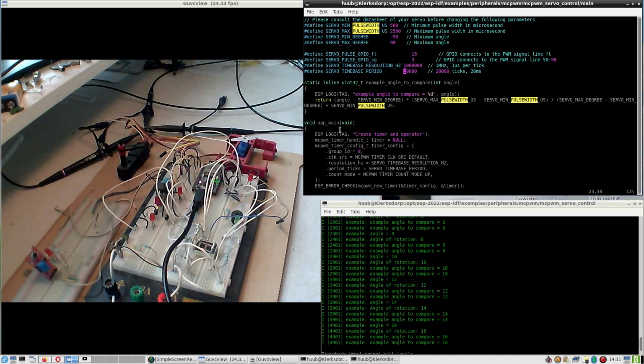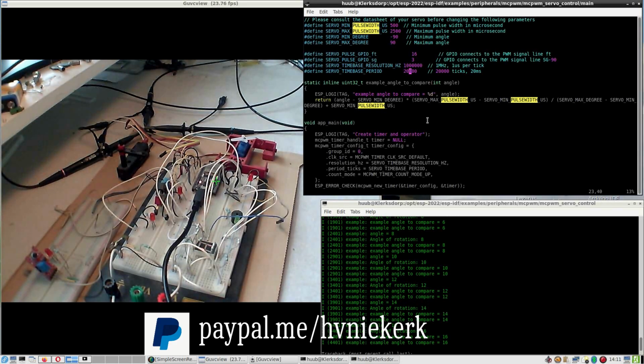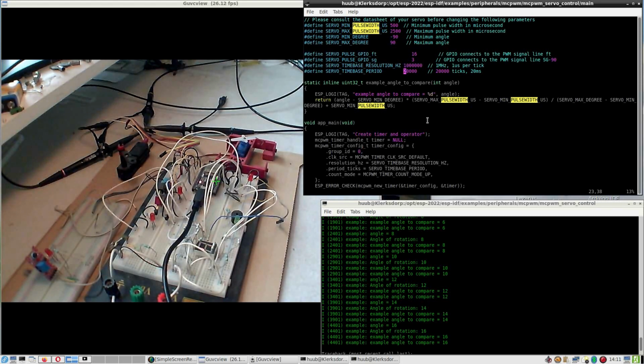So, since everything else I tried has no result at all, I think the only thing I can try is changing this and then trying this one. So period versus resolution, and see whatever happens.